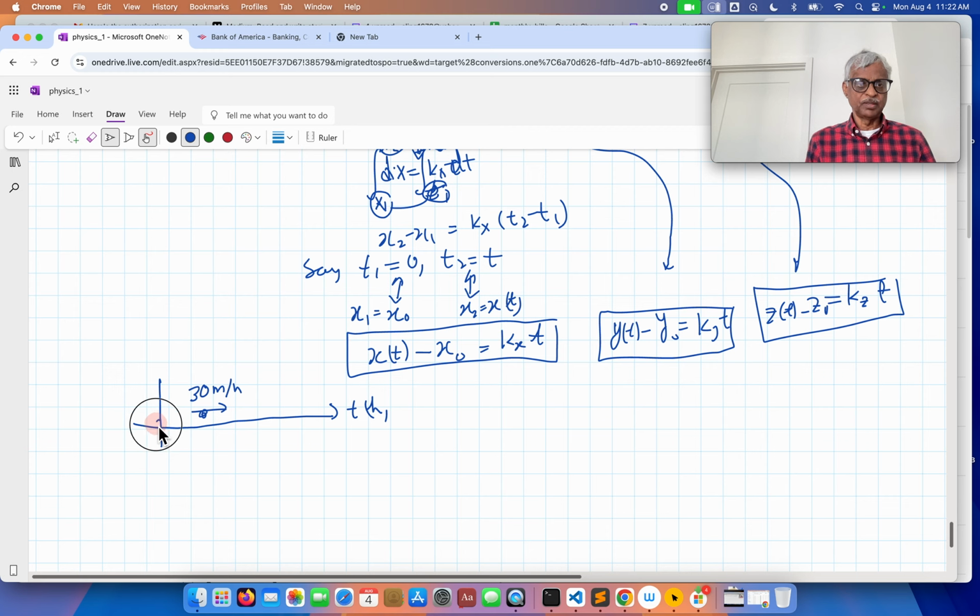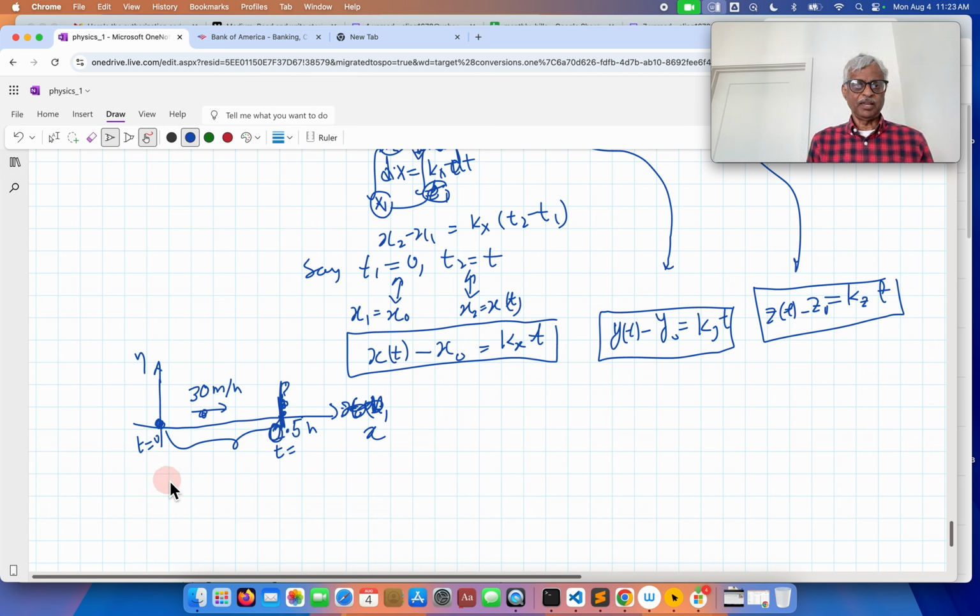Maybe you were here at t equal to 0, and you want to know, at 0.5 hour, how far have you gone? This is x, and this is y. So this point in time will be here. The question is how far is it?